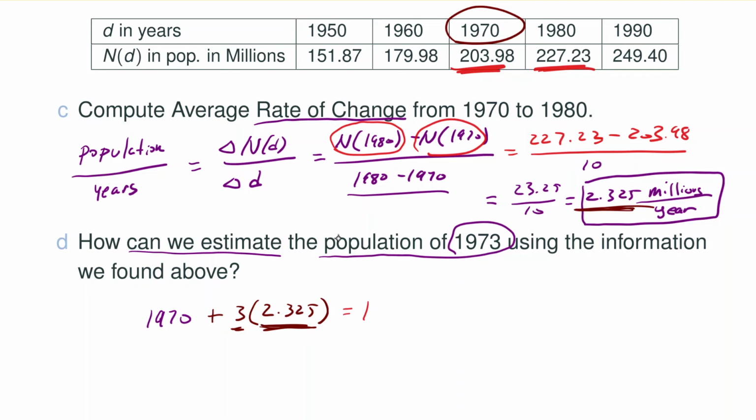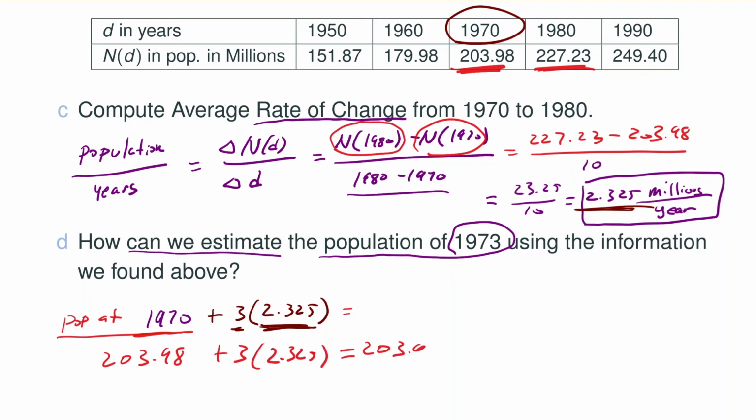Actually, let me write it back. I should write this as the population at 1970, which is 203.98, plus this number, 6.975.